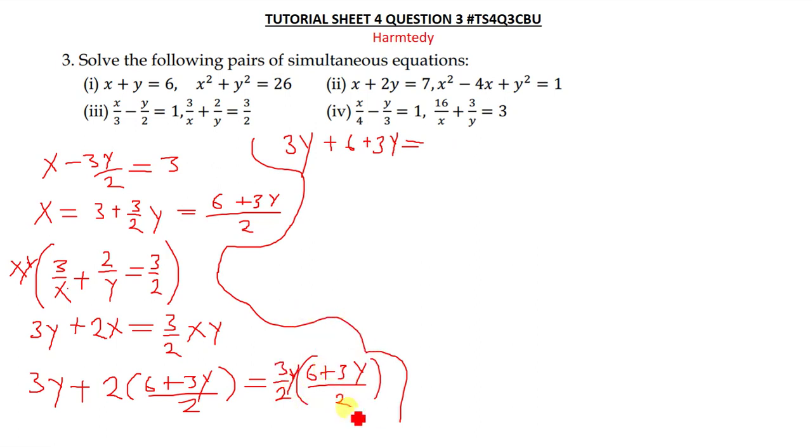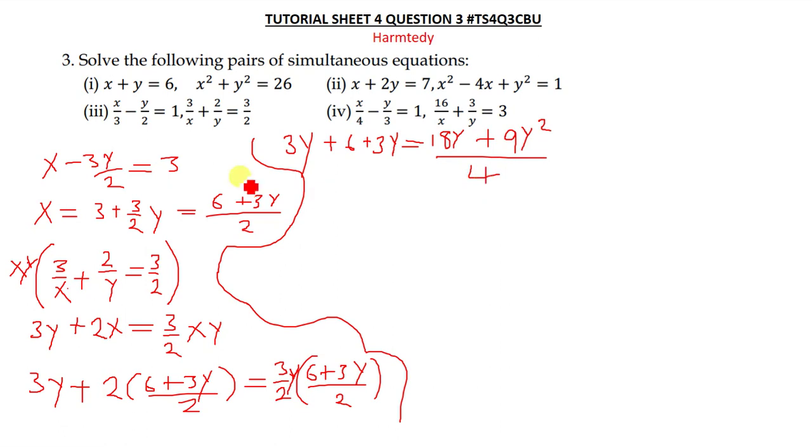Or what we can do is, let us just, so this is going to be 3 times 6, okay, 3y times 6, this will be 18y, and then 3y times 3y, 3 times 3 we get 9, y squared, and everything over 4.